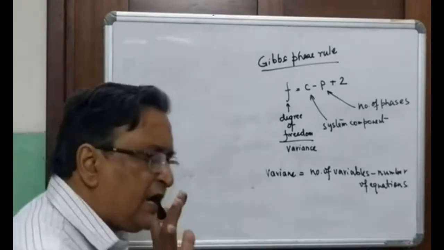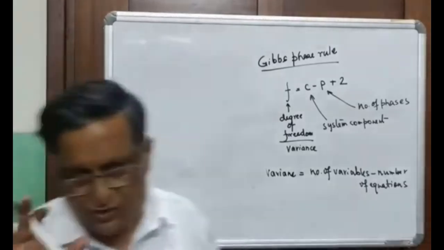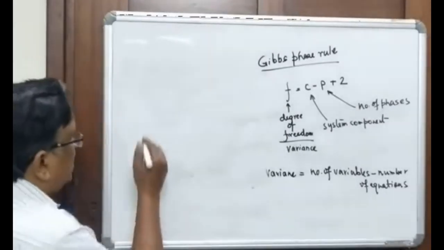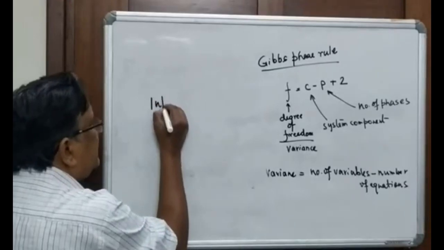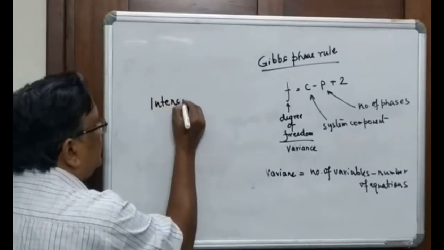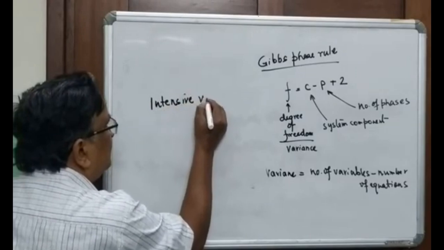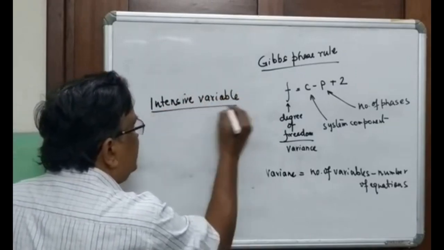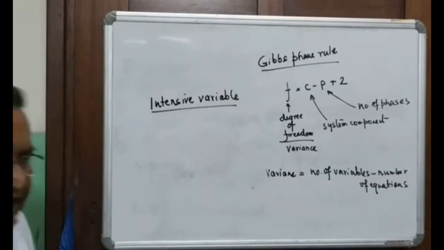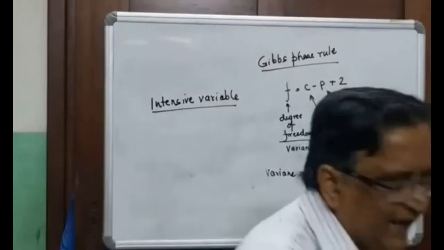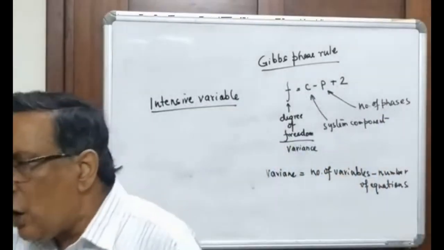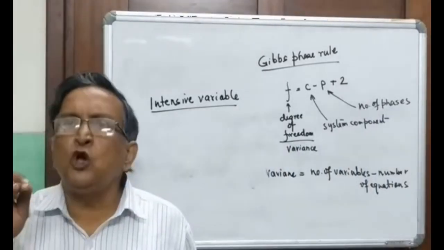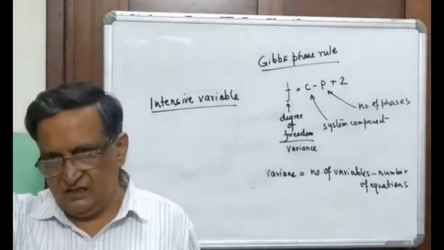There are two types of variables. One is called an intensive variable. What is an intensive variable? Variables that do not depend on the mass.